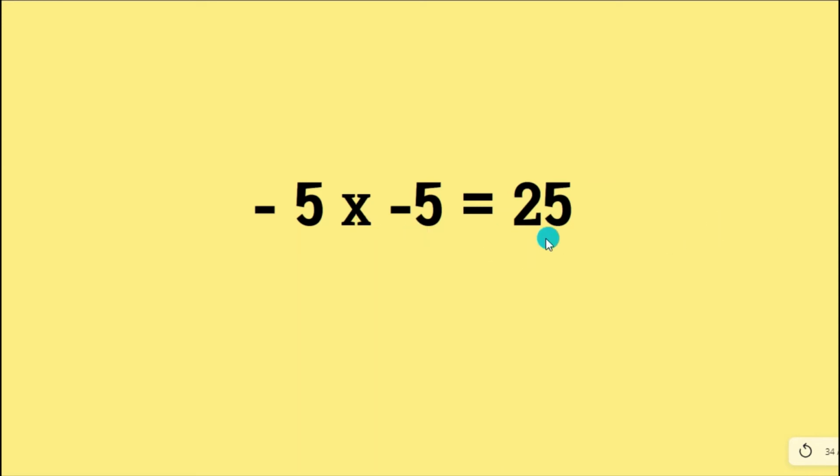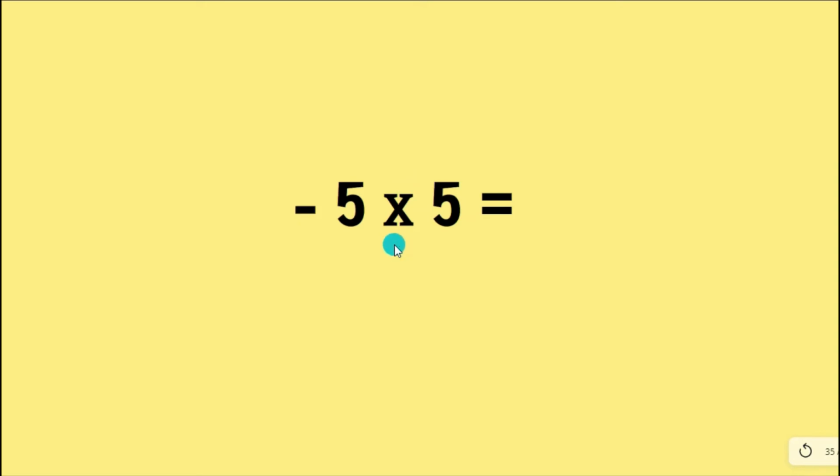The answer is positive because a negative number multiplied by a negative number equals a positive number. So negative times negative equals positive. That is why even though these two numbers are negative, its answer is still positive. So negative 5 times negative 5 equals 25. Do you understand? Let's go to the other example.